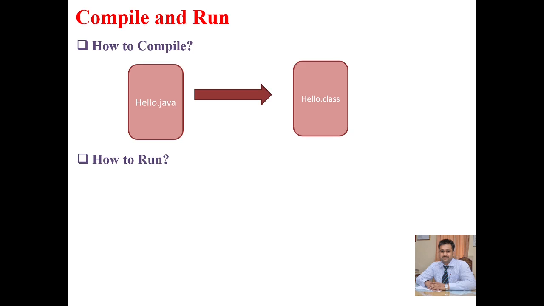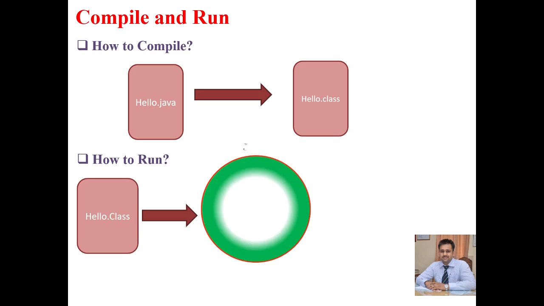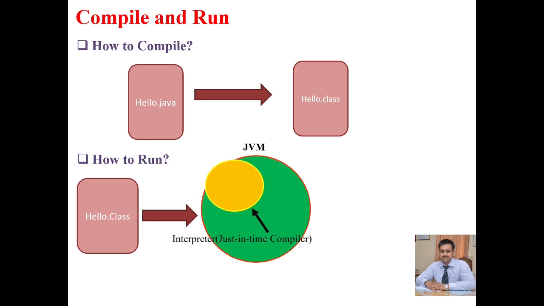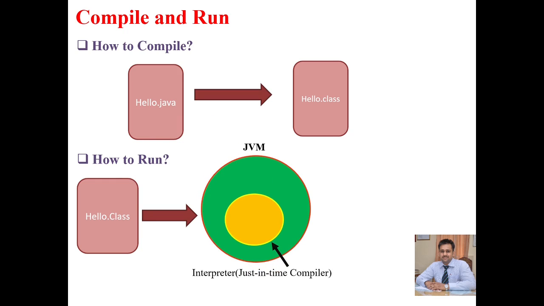How to run this .class file? To run this .class file, we use the JVM. We have to install this software to run the .class file or bytecode. The JVM contains a software named just-in-time compiler, like an interpreter.